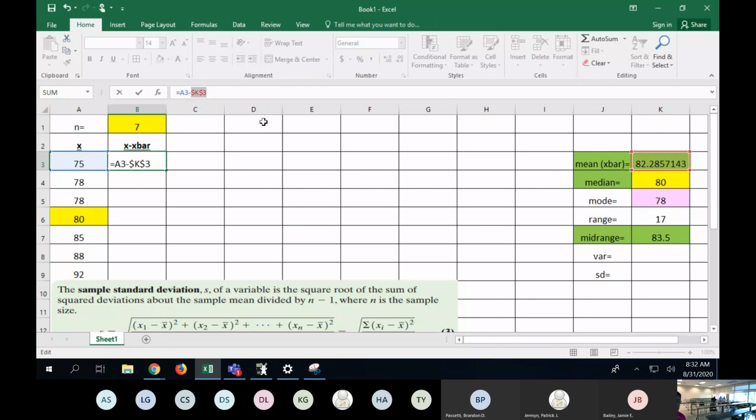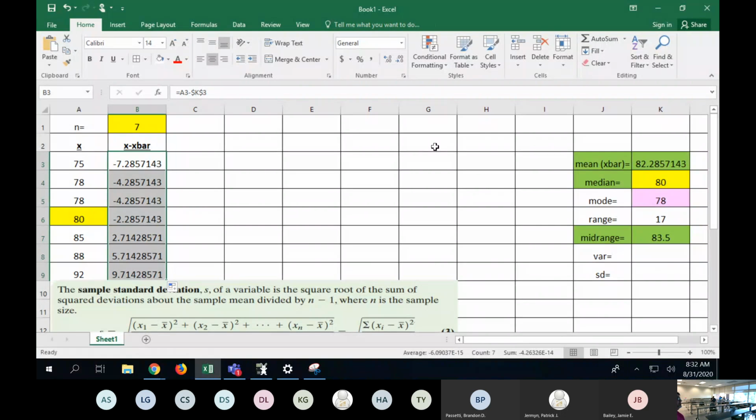There we go. I'm going to copy that down, and you check my numbers. Everybody in your notes should have a column beside X called X minus X bar. The reason I type X bar is that I'd have to bring in a symbol to get the little bar over the X, and it's just easier to type it.